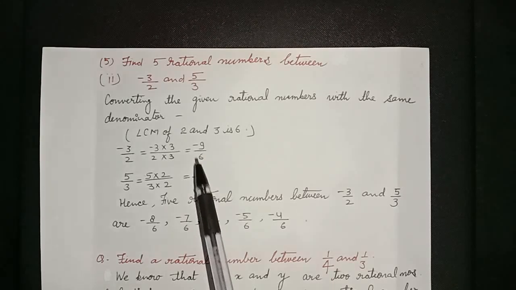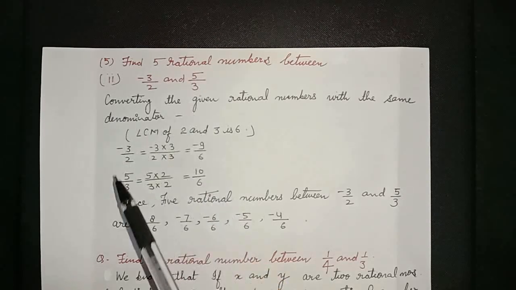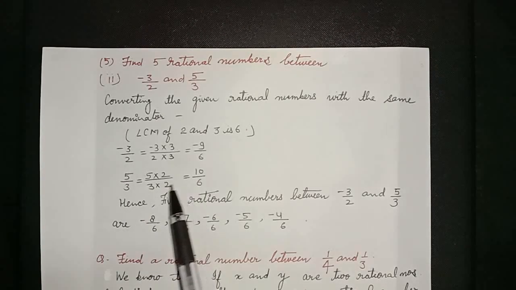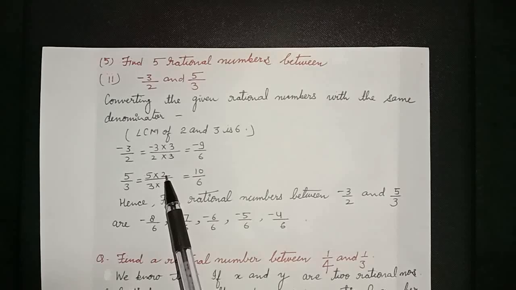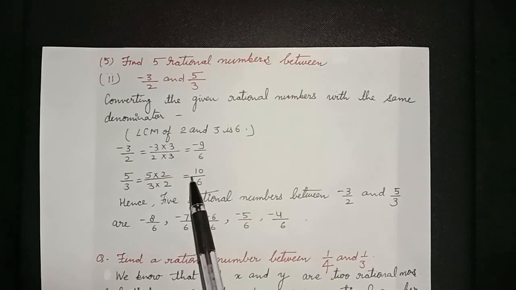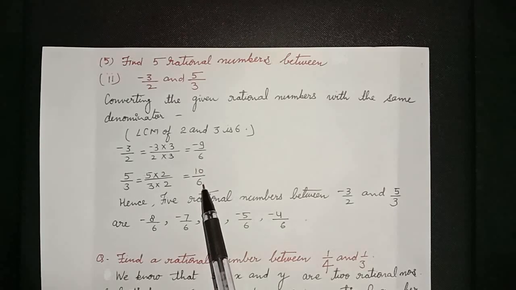Now the second rational number 5 upon 3, we will make its denominator 6. To make its denominator 6, we will multiply denominator with 2 and numerator also with 2. And after solving this, we get 10 upon 6.